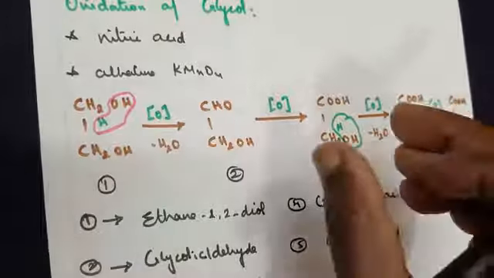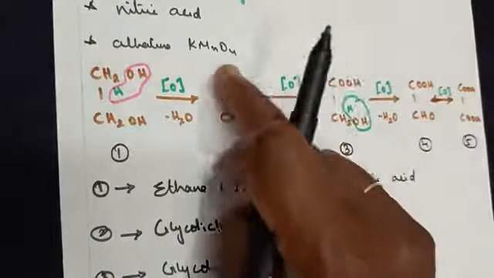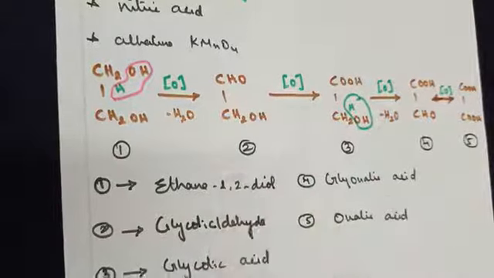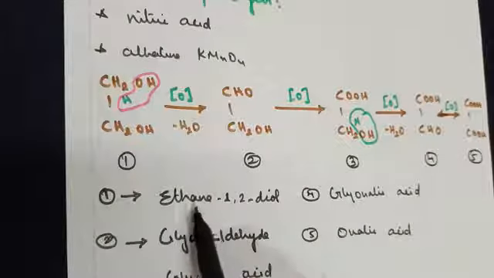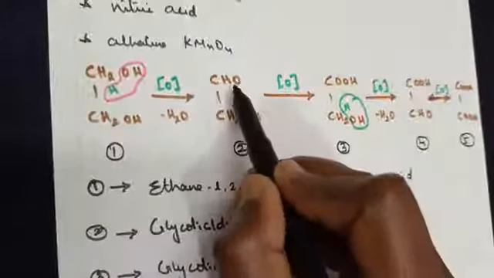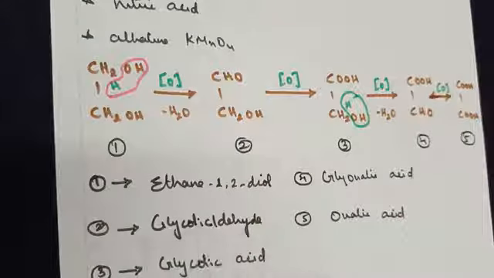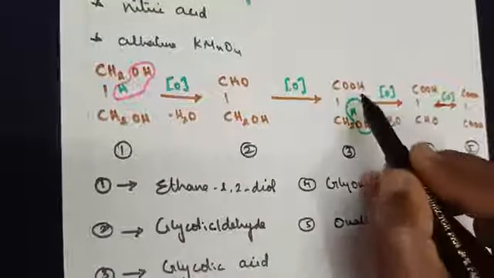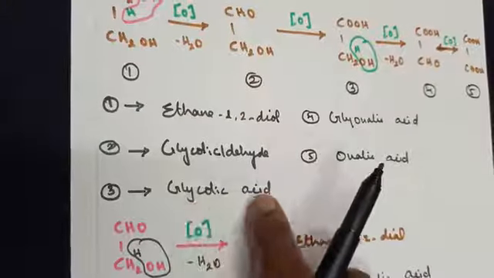From a 1 mark point of view, you will be given the molecular formula and names will be asked for. So the first one, as usual, you know that to be ethane 1,2 diol. The second one, that is CHO, CH2OH, is called glycolic aldehyde. And the third one, that is COOH, CH2OH, is called glycolic acid.